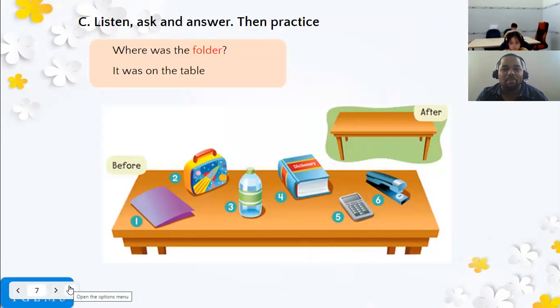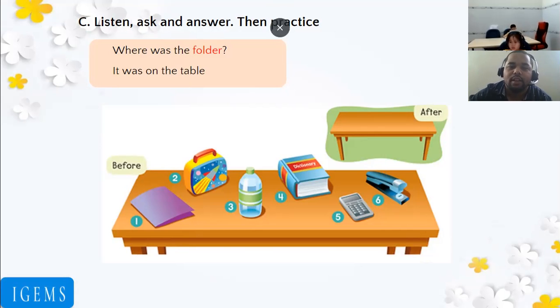So let me show you. Then I am going to ask you a few quick questions. Okay, we are going to listen, ask, and answer. So we can see here different things. Number one. What is number one? Folder.